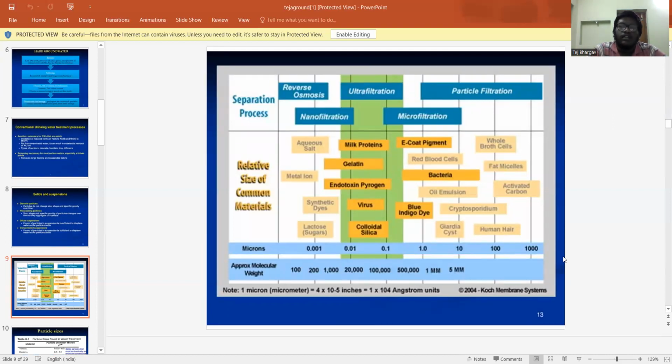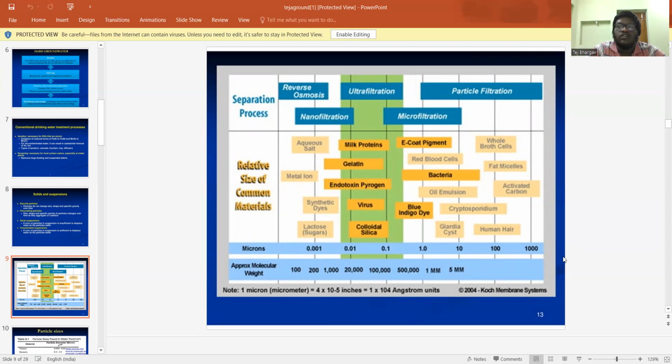There is a table in which we learn the relative size of common materials. In separation processes, we have reverse osmosis, nanofiltration, ultrafiltration, microfiltration, and particle filtration. In reverse osmosis and nanofiltration, we can filter aqueous salt, metal ions, synthetic dyes, and lactose, which is also known as sugar.